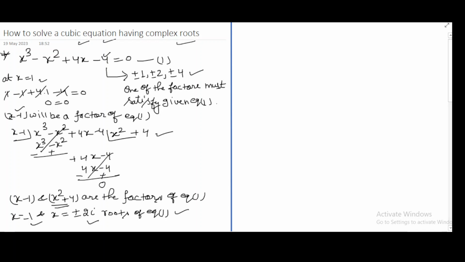We will see another example. In this example we have a cubic equation, let's say m cube plus a cube equal to 0. We have to solve it for m.